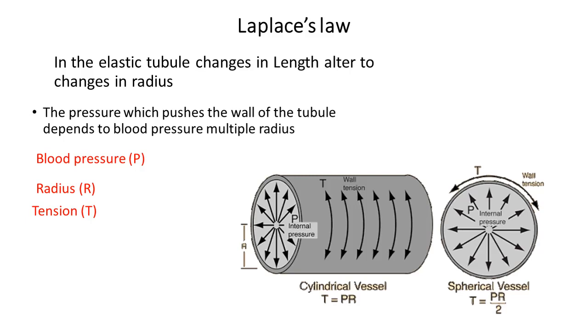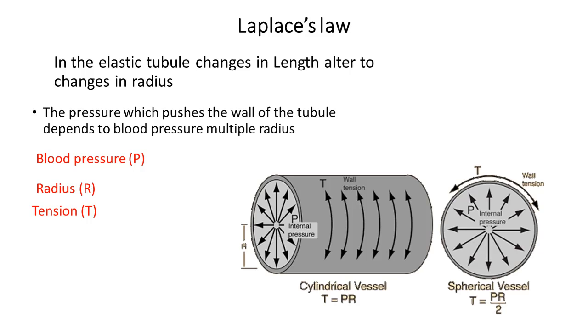When pressure increases, the radius and the diameter of the capillary increase too. Imagine pressure increased to 50 and the radius increased to 1.5. So what happened? The tension of the wall increased from 30 to 75.